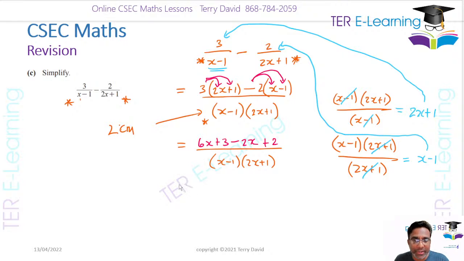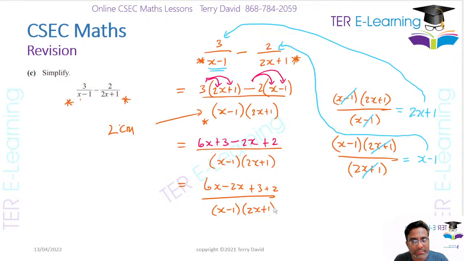So the top part there now, we have x's and we have constants. So let's bring all our x's together. So 6x minus 2x plus 3 plus 2 all over x minus 1 by 2x plus 1, right?